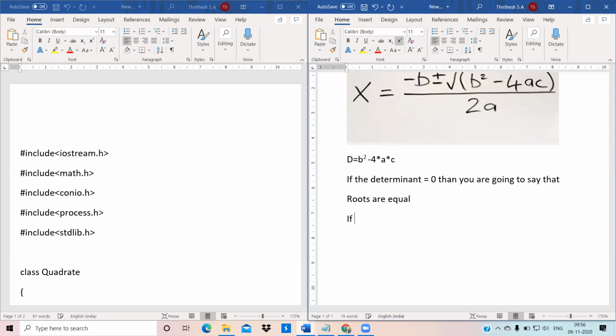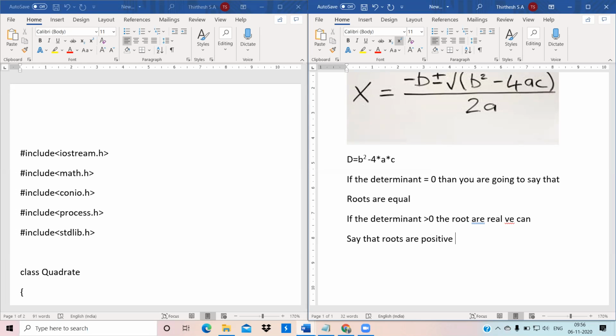If the determinant is greater than 0, then you're going to say the roots are real, or we can say that roots are positive.